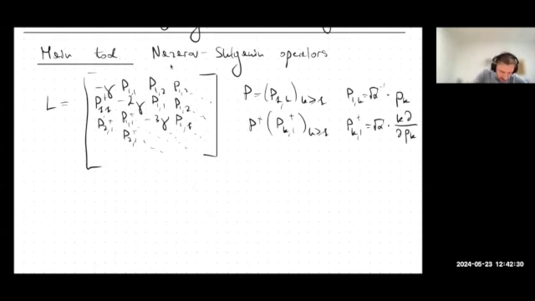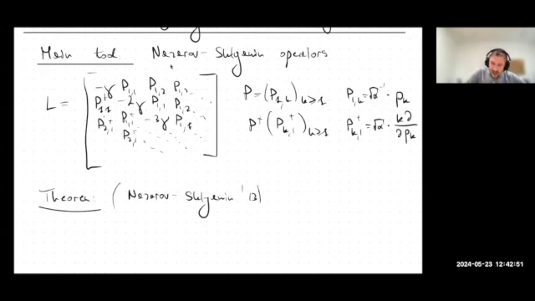And what Nazarov and Sklyanin proved is that they can construct operators, using this matrix L and this P and P dagger, that are acting on Jack polynomials such that Jack polynomials are eigenfunctions and the eigenvalues are precisely Boolean cumulants.